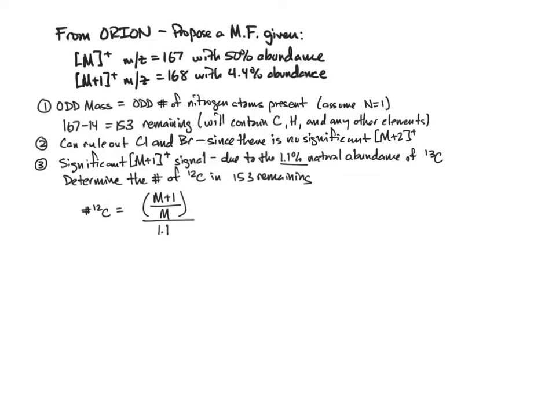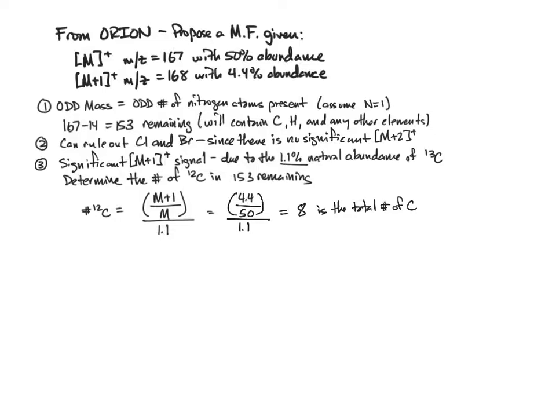So when we plug in the numbers we have, 4.4 because our M plus 1 was 4.4% abundance, that goes there. Then we're going to divide that by the 50, and we're going to take that whole thing and divide it by 1.1. And actually that comes out nice and even to 8. So 8 is the total number of carbon.